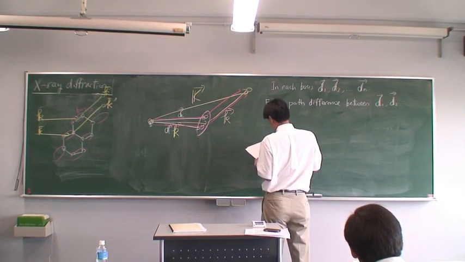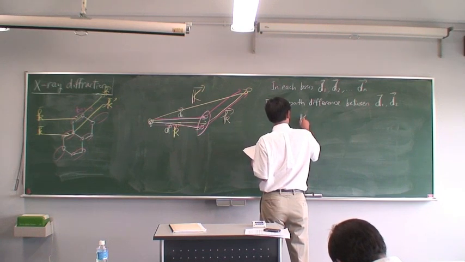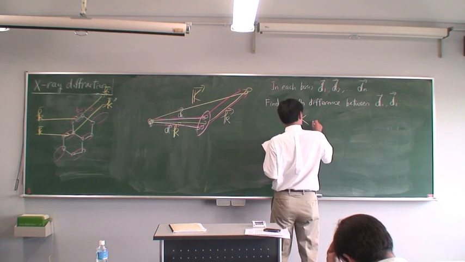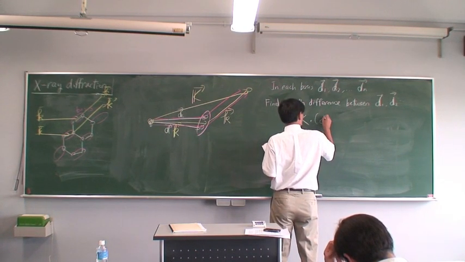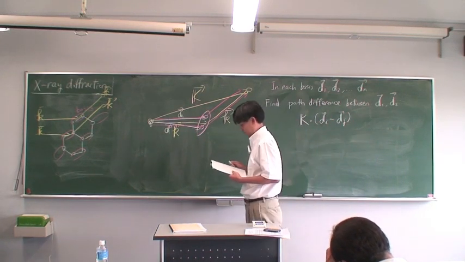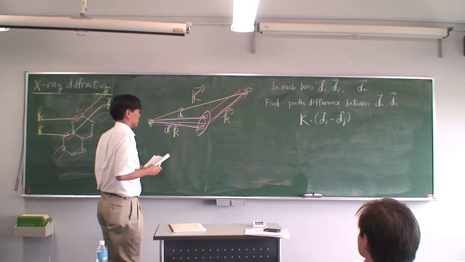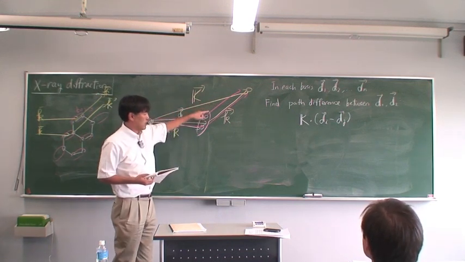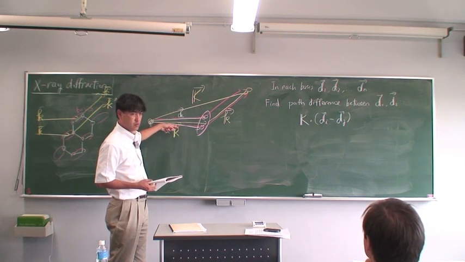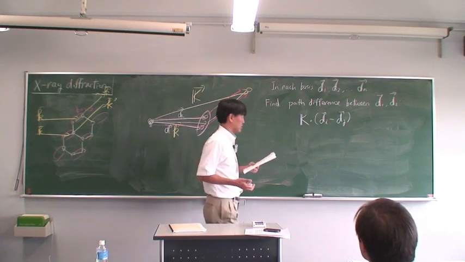So the path difference is given by K dot (di minus dj). The path difference is that this projection onto D1 and D2, for example, gives the path difference between this path and this path. Okay?